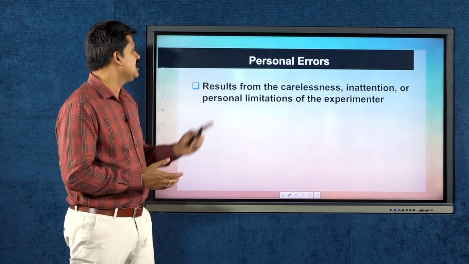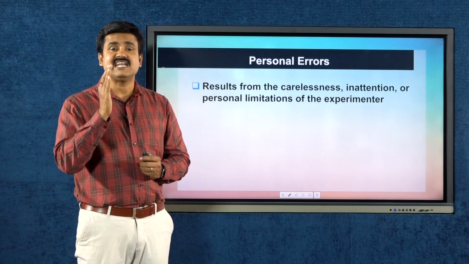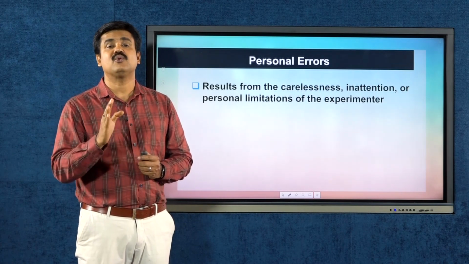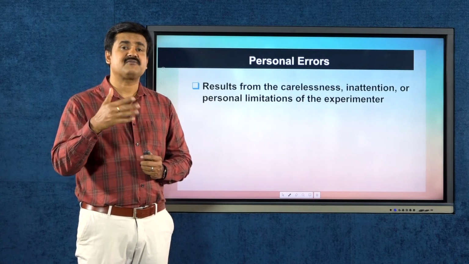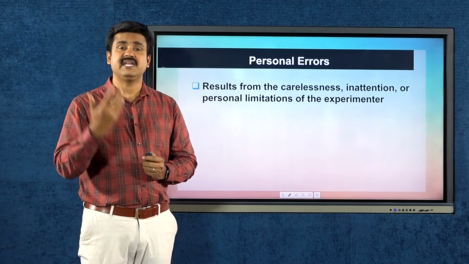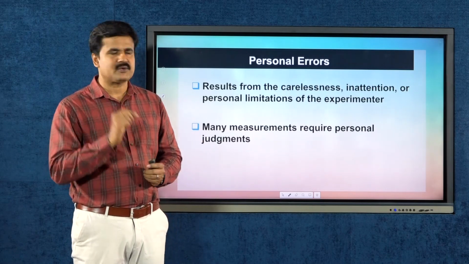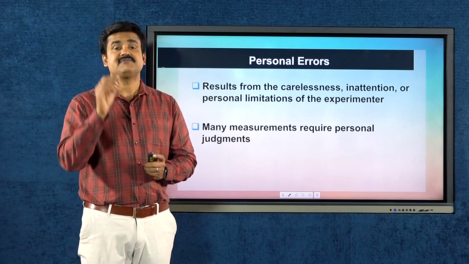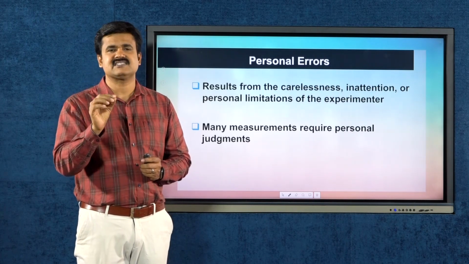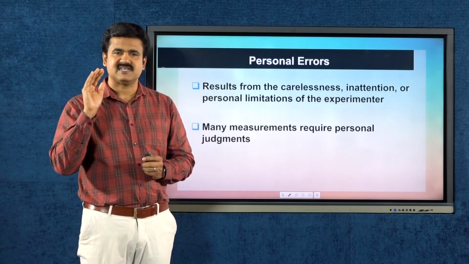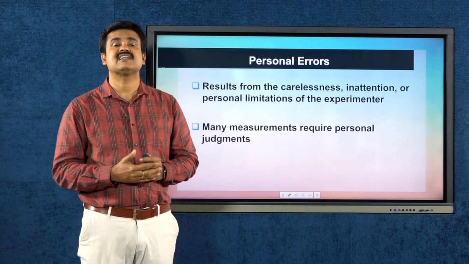The personal error results from carelessness, inattention or personal limitations of the experimenter or analyst. These kinds of drawbacks on the side of the analyst may lead to human error or personal error. Many instruments require personal judgments. If the analyst fails to perfectly judge the analytical values obtained from that instrument, that may lead to an erroneous result and hence personal errors may occur.